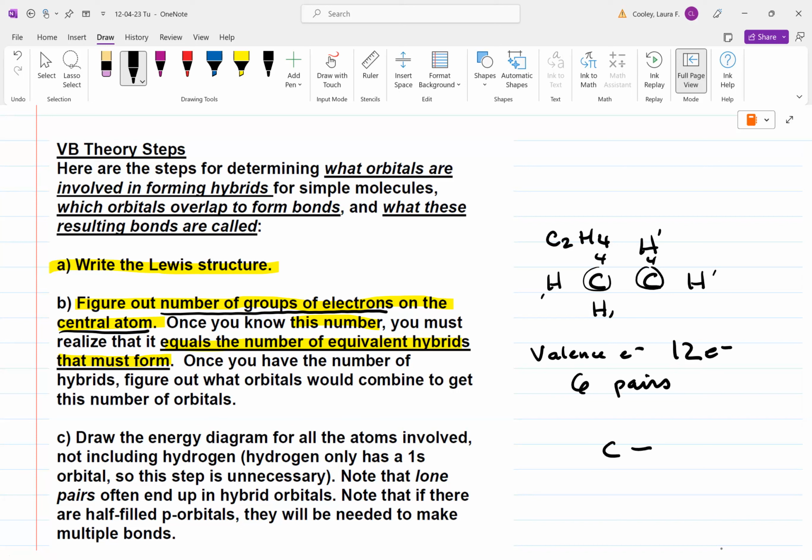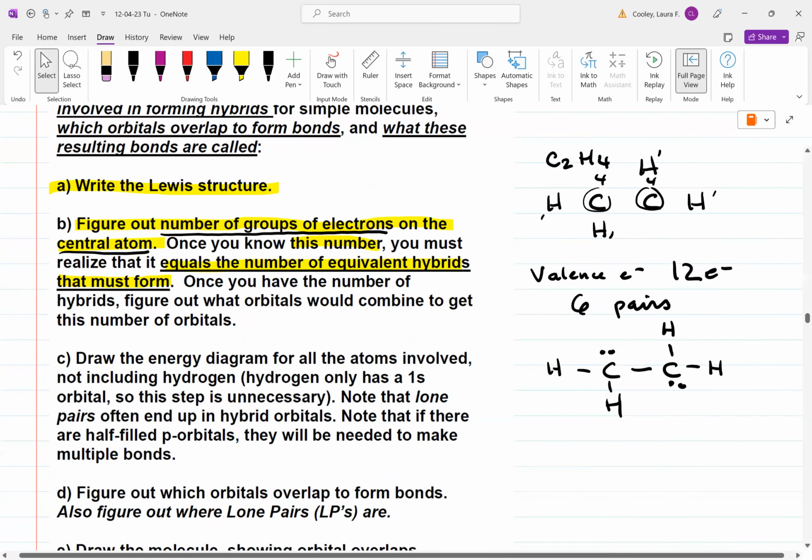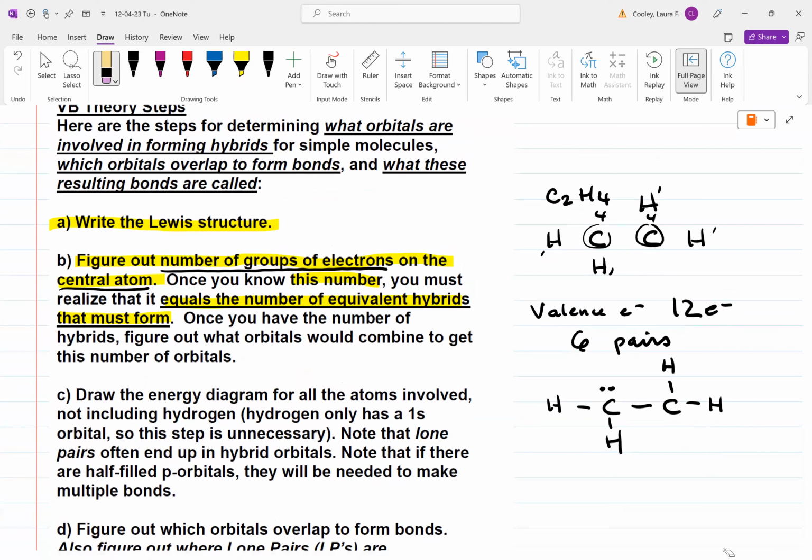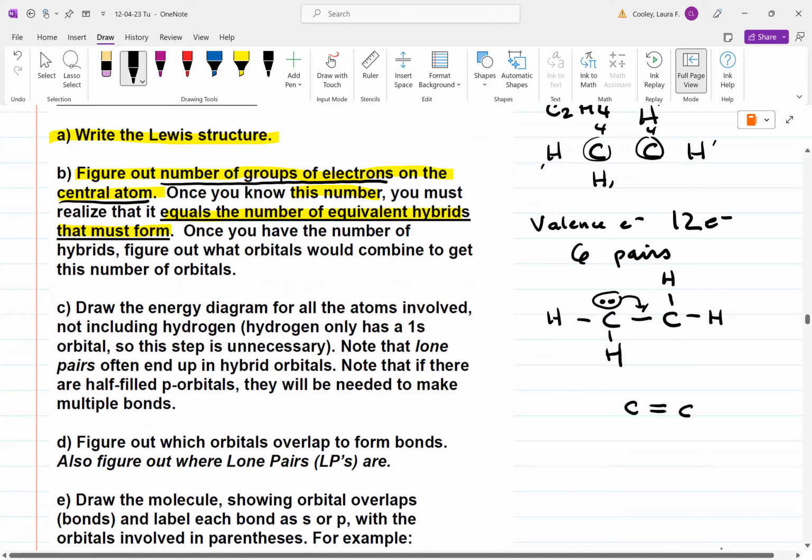So we start by drawing single bonds between the atoms. 1, 2, 3, 4. We've used up 4 pairs. 5, 6. So then we make a double bond. So we have C double bond C.